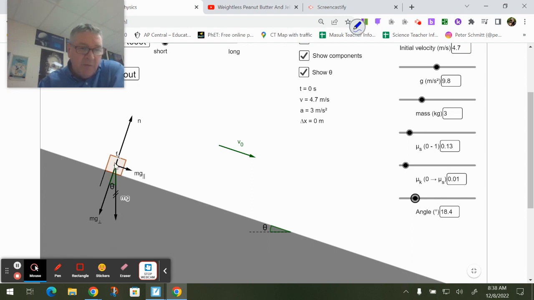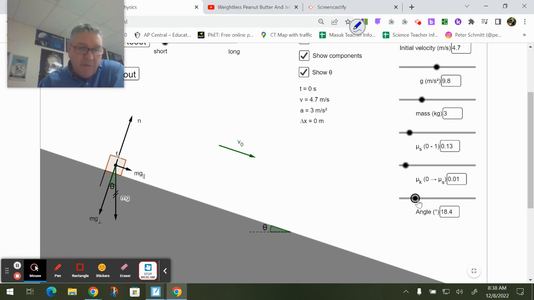But it's more convenient to break the weight vector into a parallel component, and they use the symbol for parallel, and a normal component, and they use the symbol for perpendicular or normal. They still label the N. So this weight vector now still points to the center of the earth. There's some angle here. It turns out this angle and this angle are the same. It's a math rule. And so I got my parallel component going down the incline and my normal component going towards the center of the earth, or towards the incline itself.